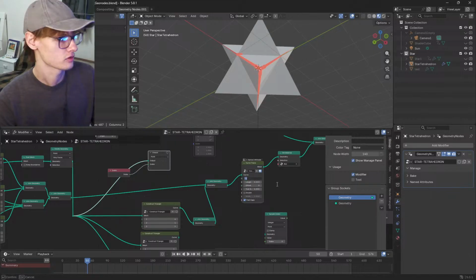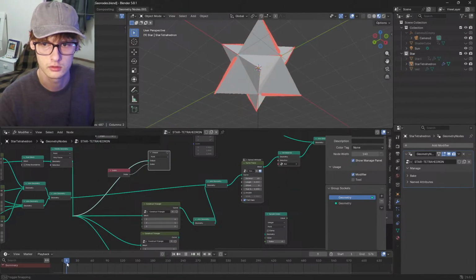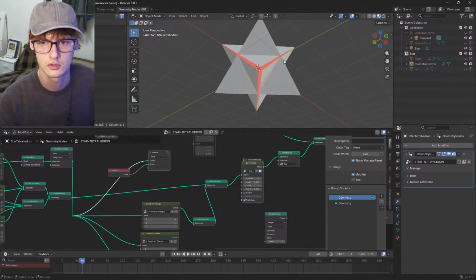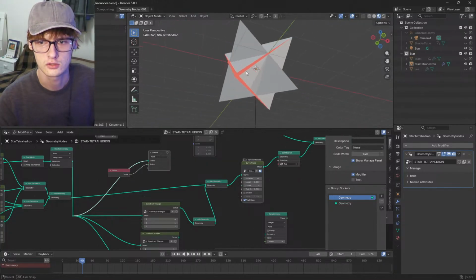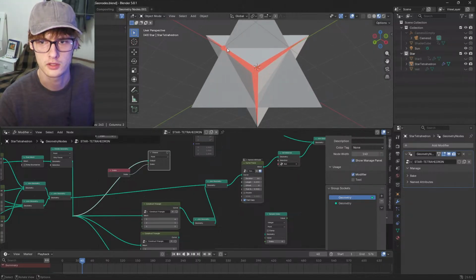Maybe I should set the duration to 60 frames. That might make things a little easier to follow. So right at about 30 frames, nope, at 40 frames, these points come together. I want this to be traced already.